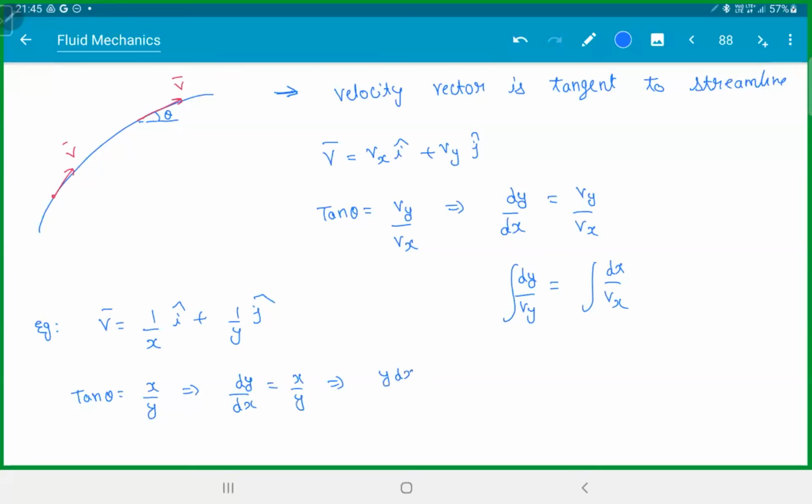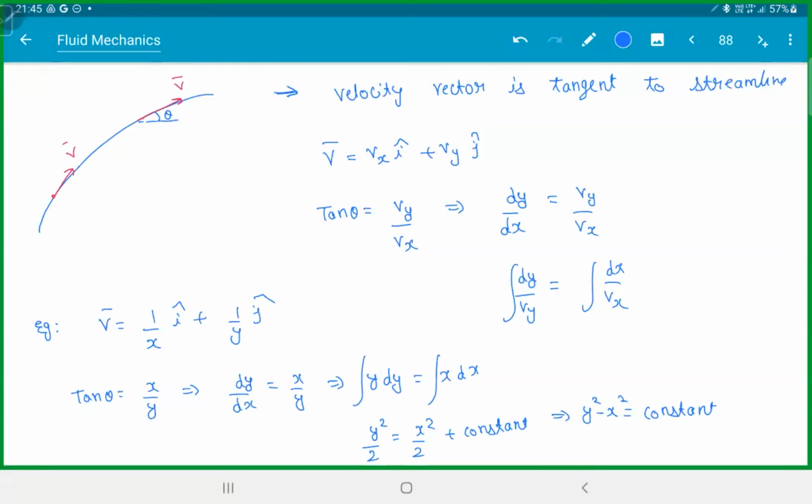So y dy is equal to x dx. Integrating on both sides, this will be y square by 2 is equal to x square by 2 plus constant. This equation will be y square minus x square is equal to constant. This is a hyperbola.